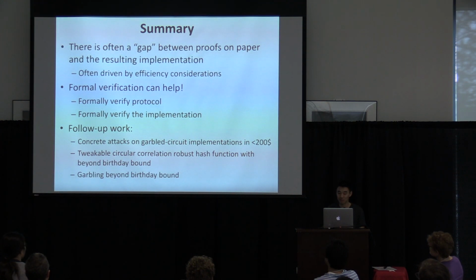We were also able to find concrete attacks on garbled circuit implementations that can recover the delta in free XOR, for example, using just $200. Inspired by this attack, we constructed tweakable circular correlation robust hash functions with security beyond the birthday bound, which is much better. Combining them, we get garbling schemes beyond the birthday bound. So stay tuned for this paper.